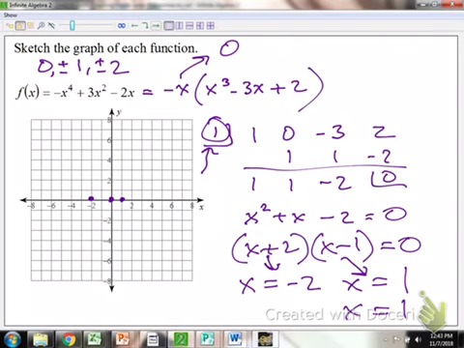So using what we know about negative x to the fourth, x to the fourth has this general shape. Negative x to the fourth has this general shape. So this thing is going to come from down here. It's going to pass through that one, come back up, just kiss that one, and then go down. So that's what our graph is going to look like there.